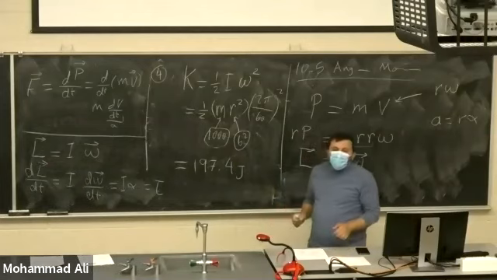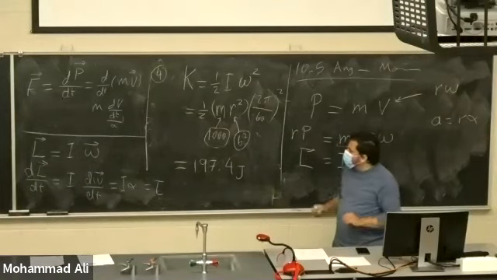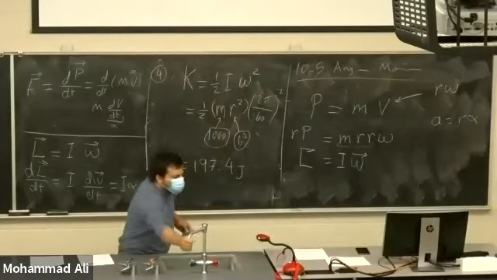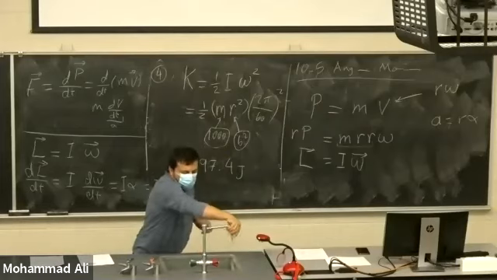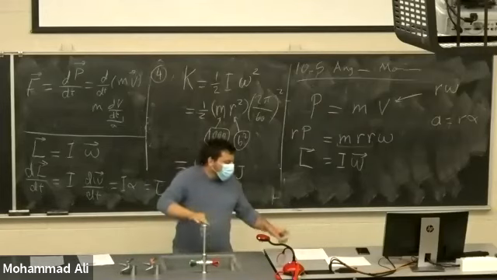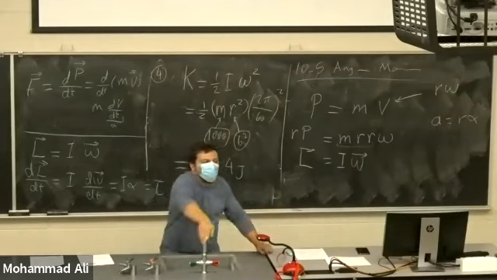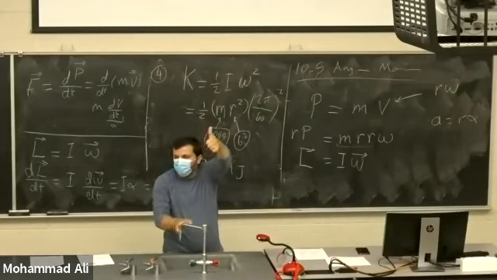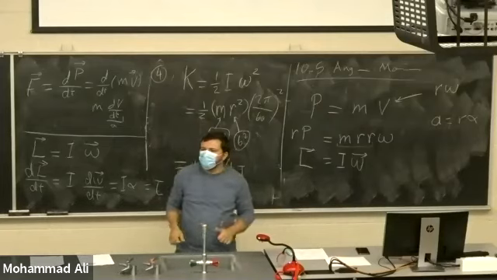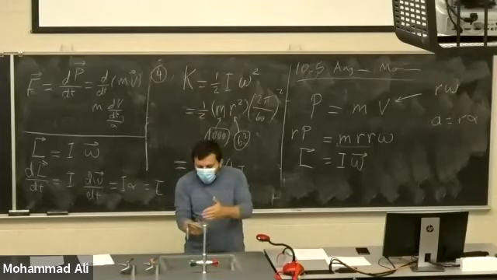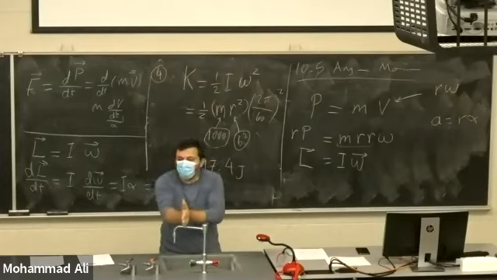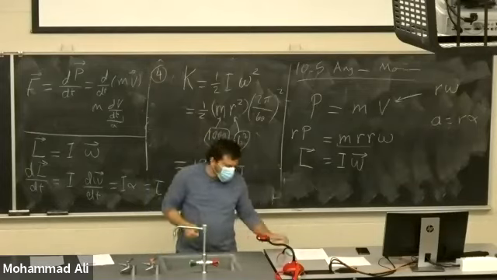Now, we need to look at the vector direction for L, omega, and all of these things. If I am moving this thing counterclockwise, my omega is positive upward. Do you remember that? The right hand rule. This is omega in the z direction. I am acting by a force on R. R cross that force is a torque, also in the z direction.